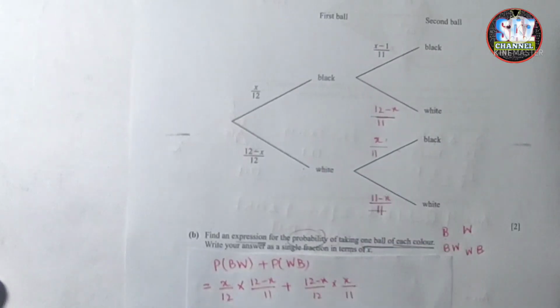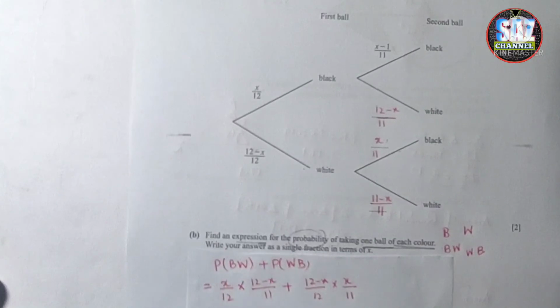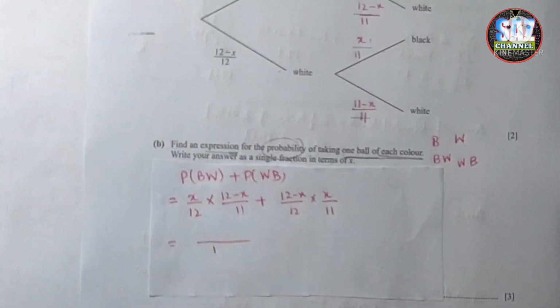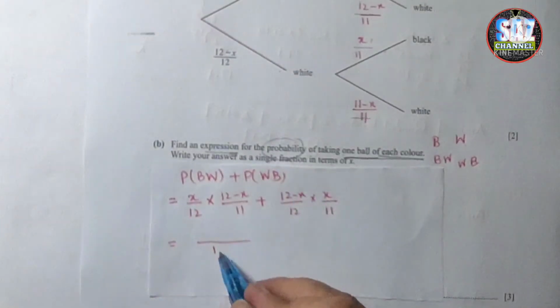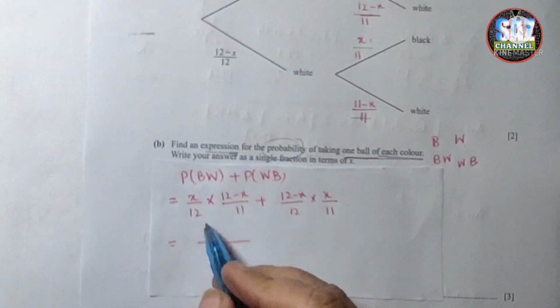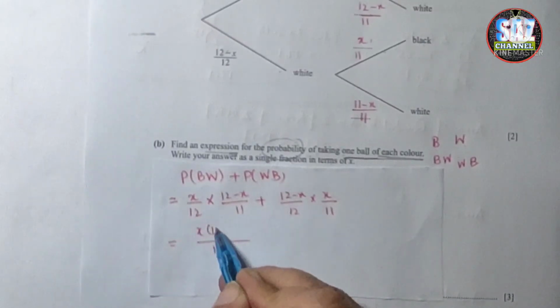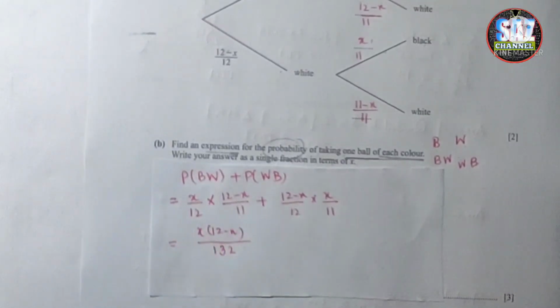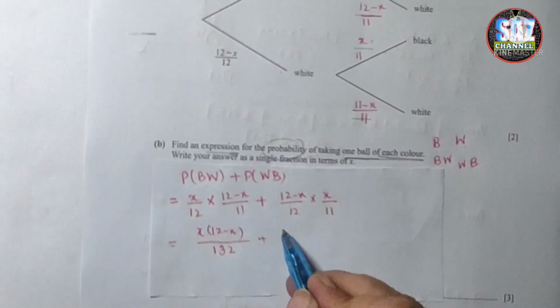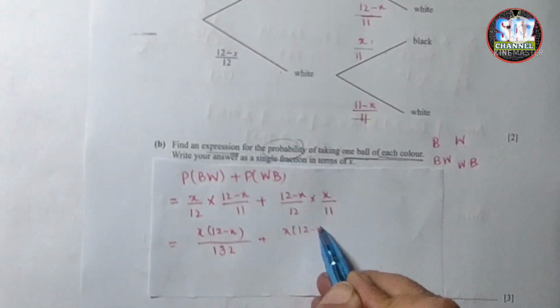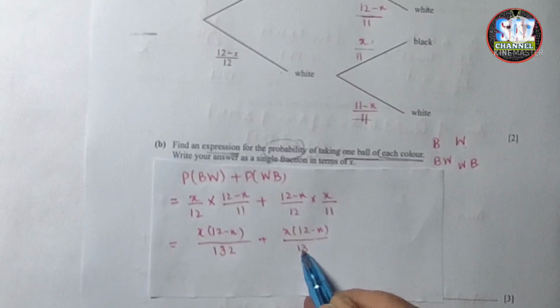White with black. So the denominator is becoming 12 multiplied by 11, this is 132. x into 12 minus x plus x into 12 minus x over 132.